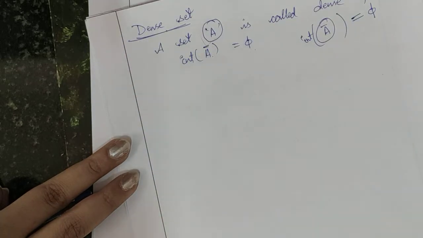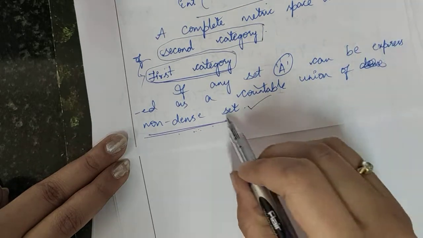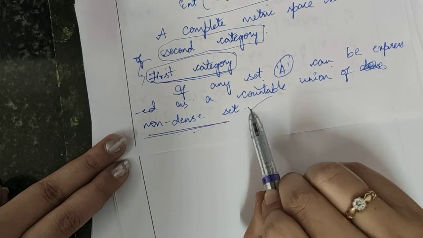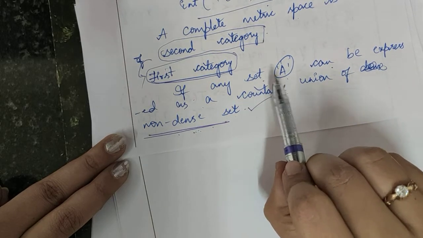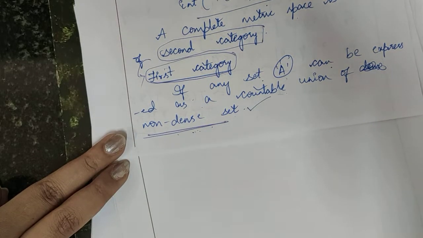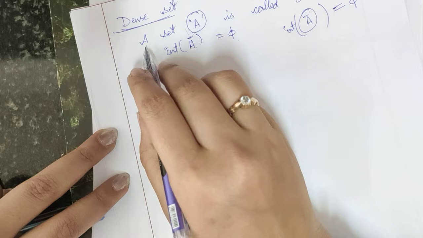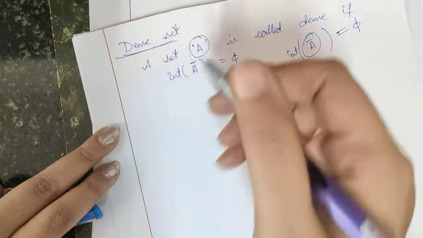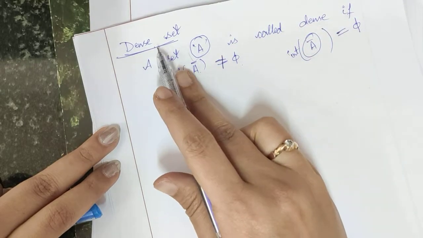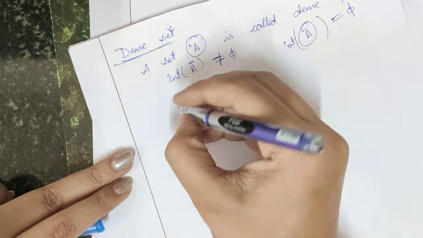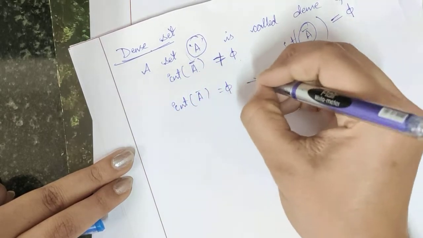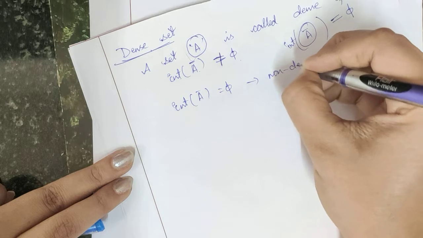So now let's come back to the definition of first category. If any set A can be expressed as a countable union of non-dense set, then that set A is called as first category. With a dense set, make a small correction. If interior of A closure is not equal to null, then it is dense set. Okay. If interior of A closure is equal to null, then this is non-dense set.